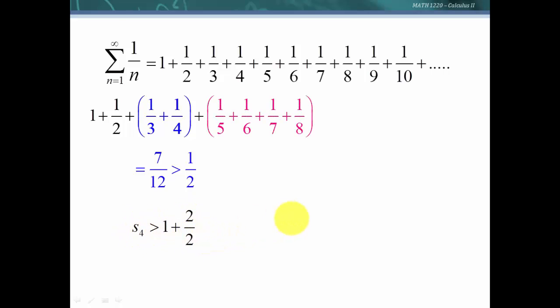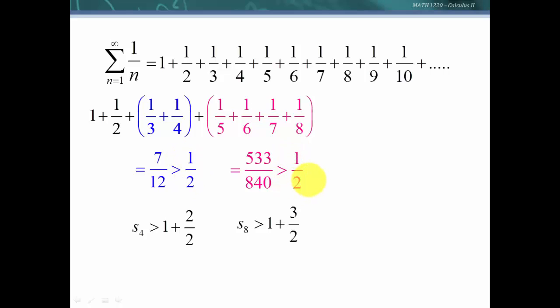Now if we added on four more terms and we sum those up, that would be 533 over 840, which is also more than 1/2, because this number is larger than half of this. And so we would know that the sum of the first 8 terms has got to be more than 1 plus this half plus this half plus this half.